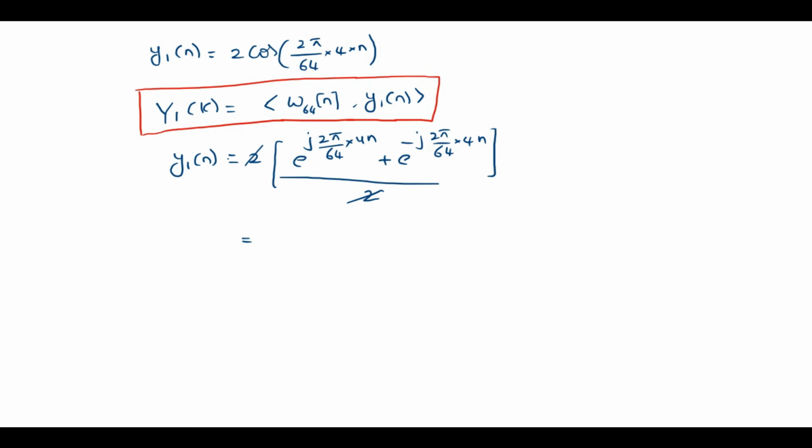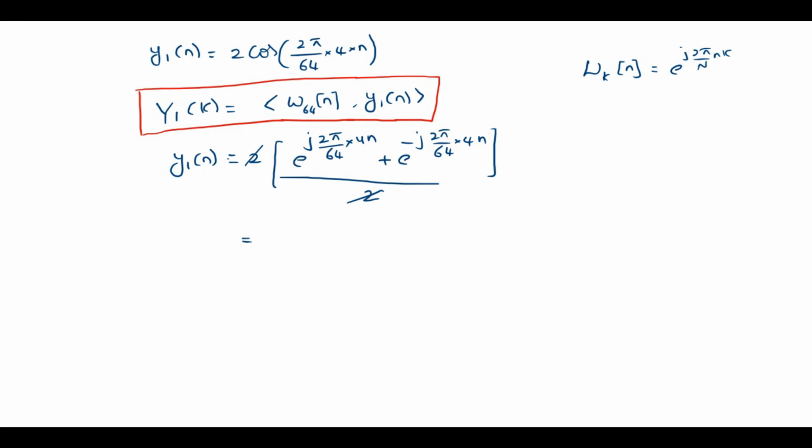Now see this one. Here the twiddle factor W suffix k of n is given as e power j 2 pi by N into k.